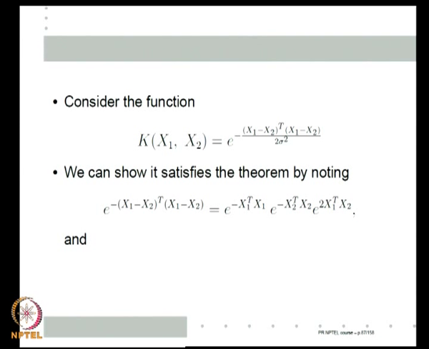Ultimately, I want to show that to be the square of an integral, right. So, e to the power minus x1 transpose x1 and e to the power minus x2 transpose x2 pose no problem. Only this cross term we have to deal with, but the cross term can be written as an infinite sum in the Taylor series expansion. Because this is the Taylor series of an exponential function, it is uniformly convergent, and hence, using what we showed earlier, this becomes a kernel, right.